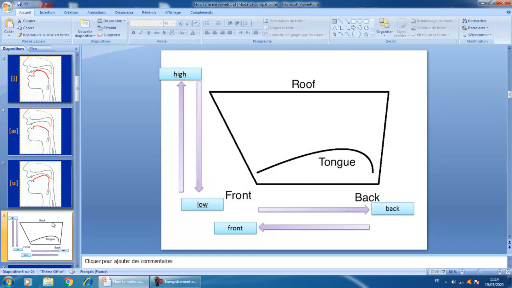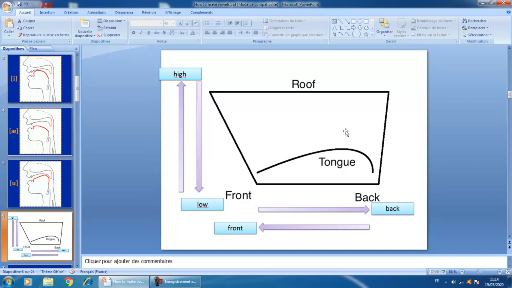Now, this is another figure representing the space within our mouth, and inside it we have the tongue. This is the tongue here. Depending on which part of the tongue is raised, the front or back, we can describe a certain vowel. We can describe it as being back here or low here.